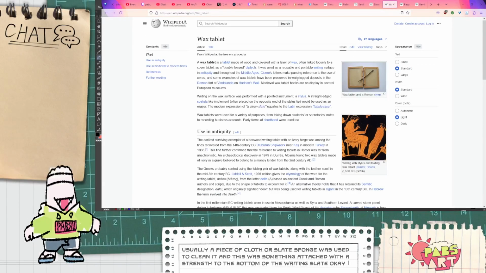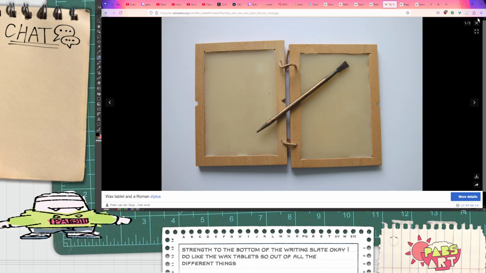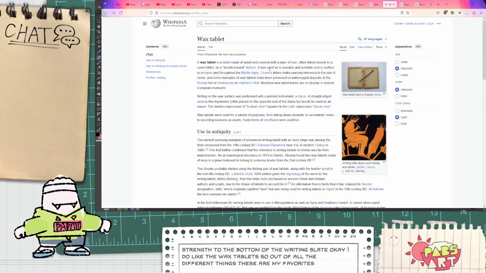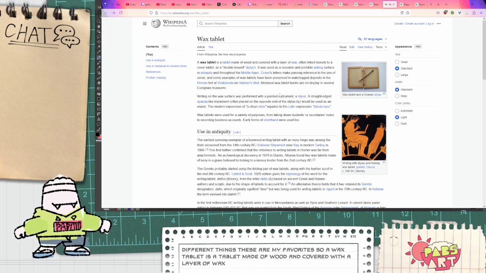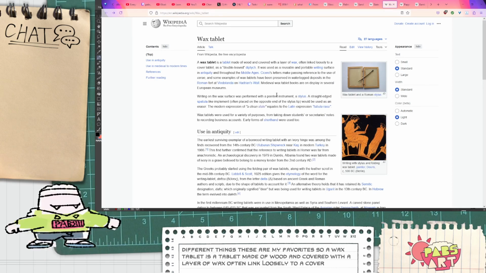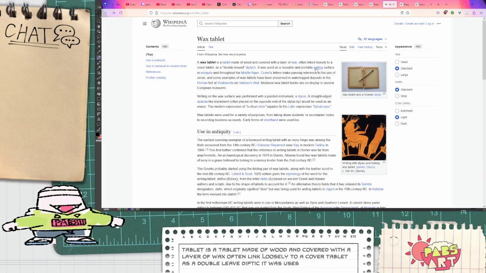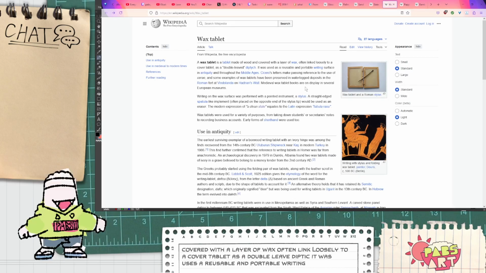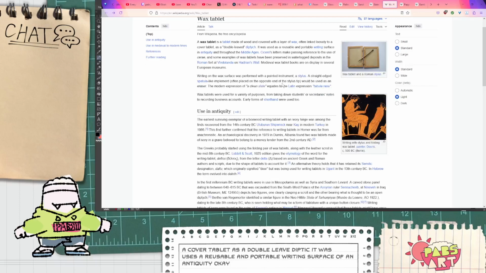I do like the wax tablets. So, out of all the different things, these are my favorites. A wax tablet is a tablet made of wood and covered with a layer of wax, often linked loosely to a cover tablet as a double-leaved diptych. It was used as a reusable and portable writing surface in antiquity. Okay.